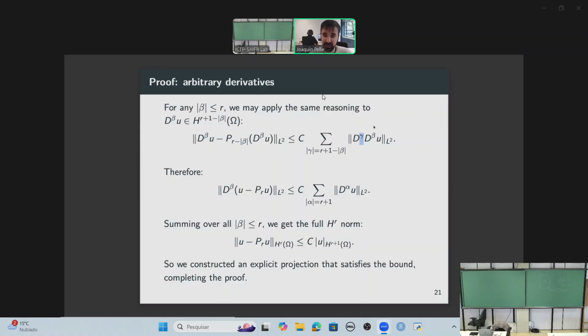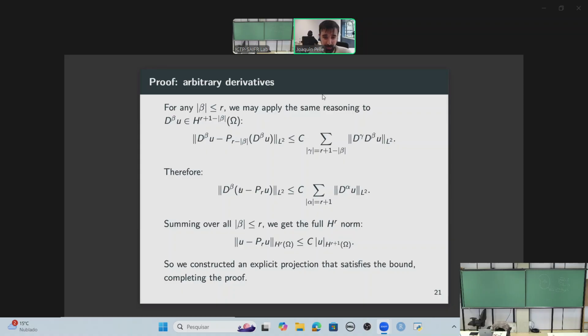So essentially, this is like taking the alpha derivative of u of order r plus 1, right? Because r plus 1 minus beta plus beta is essentially r plus 1. So now for the derivatives, we get this result here as well.